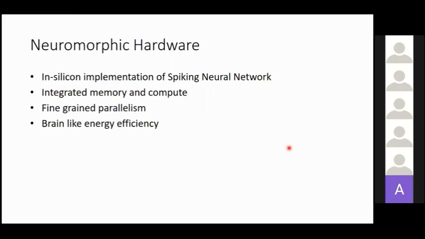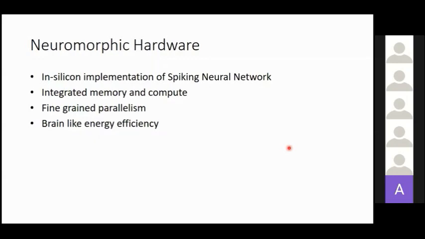So why neuromorphic hardware, right? We want neuromorphic hardware because you want a very energy efficient system. Also, a basic property of neuromorphic hardware is that you have integrated memory and computation units. Your synapse is the memory, and your computational unit is the neuron, and those are always local. That also enables very fine-grained parallelism. And we want to do it in hardware mostly because of this lucrative energy efficiency.